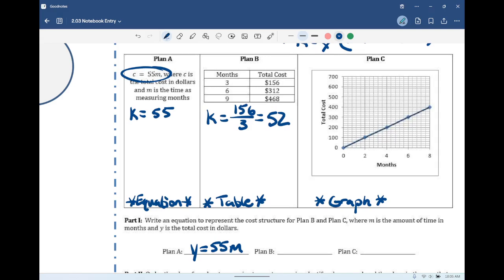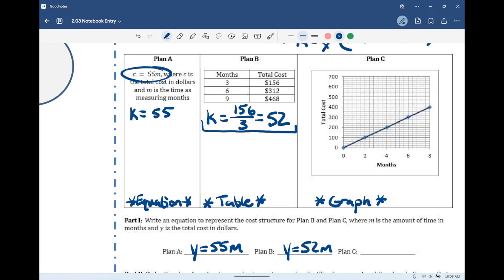So we have that sort of already, right? Because we found our K value. I want to push us to what is the equation for the plan, right? For Plan B, what is the full equation for the plan? I know that Plan A was y equals 55m. What would the second one be? Eden? Y equals 52 what? Yeah, 52m. All I'm doing here is interchanging that K value.